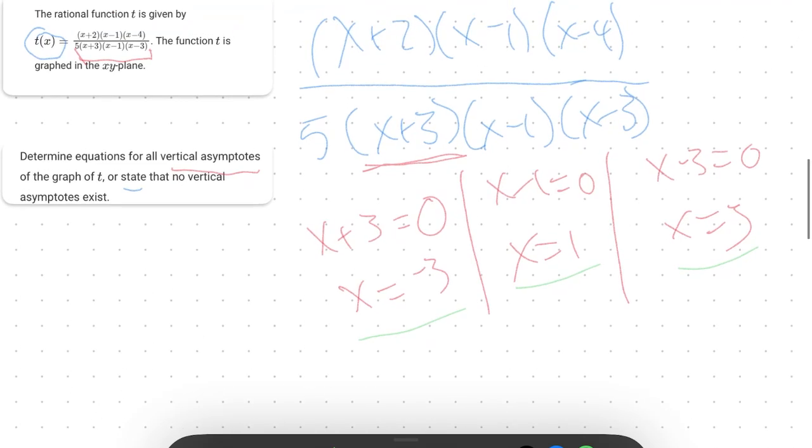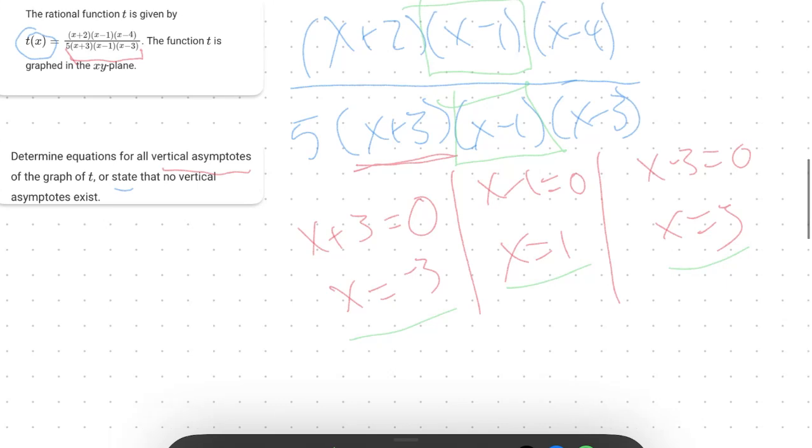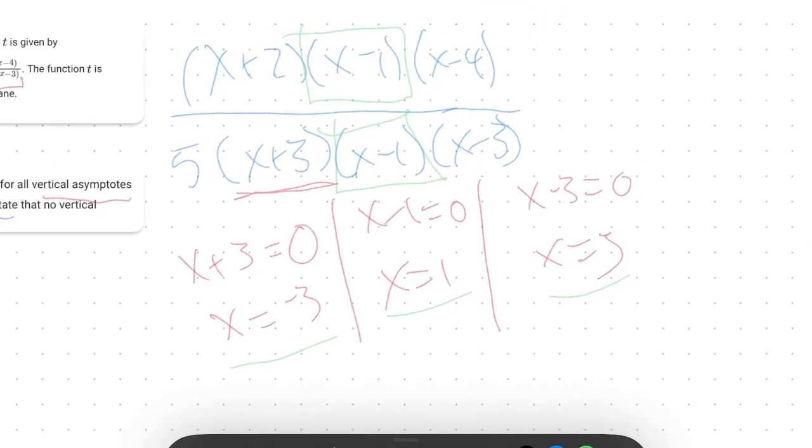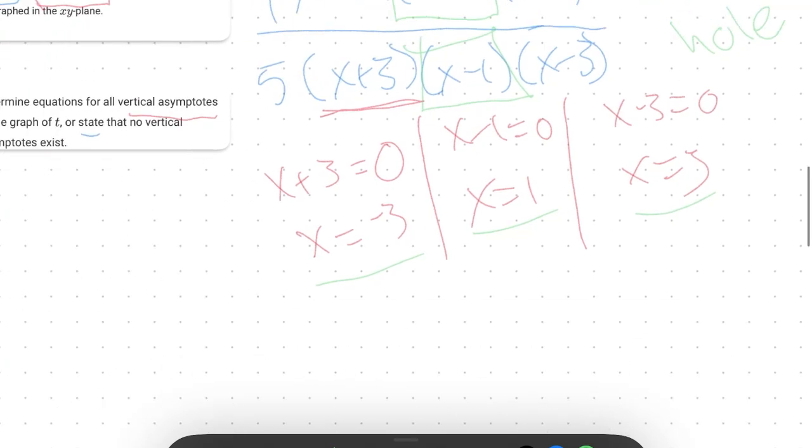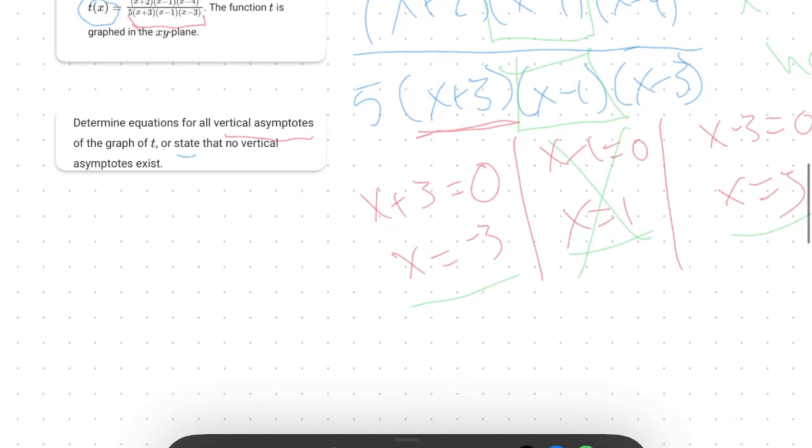If we remember, holes in our function appear when there is a factor on the bottom and the top that are the same. So x equals 1 is a hole in our function, so we do not include this as our vertical asymptotes.